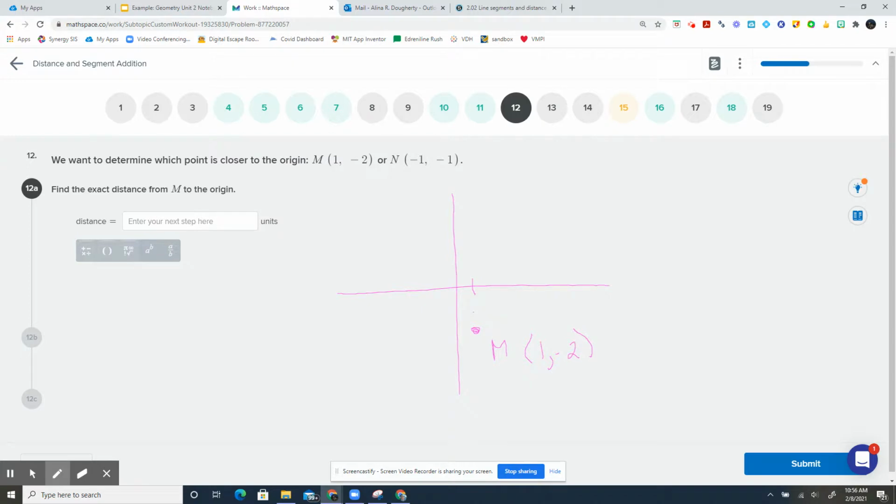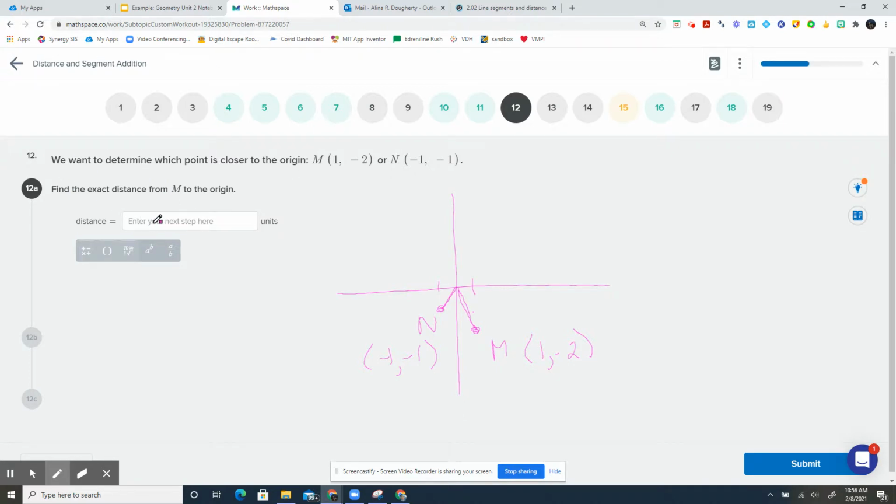And you can graph N at -1, -1. What they're asking you to do is find the distance between those two, and then ultimately they're going to want to know which one is closer. So we can look here and we can see that N is closer and M is further away, but we're going to have to find that exact distance.